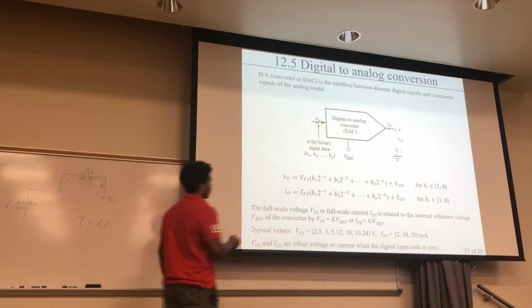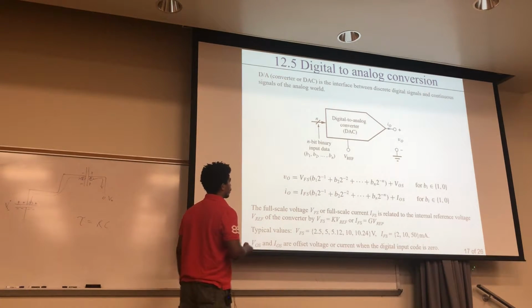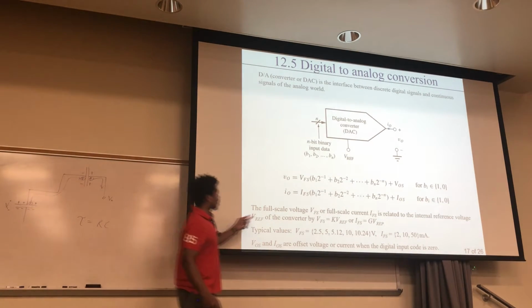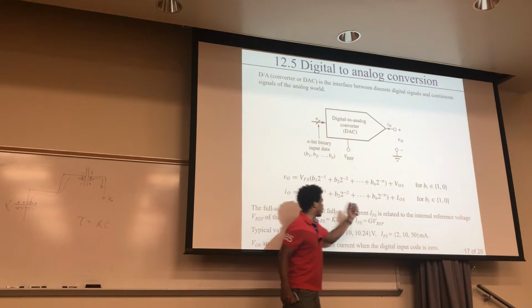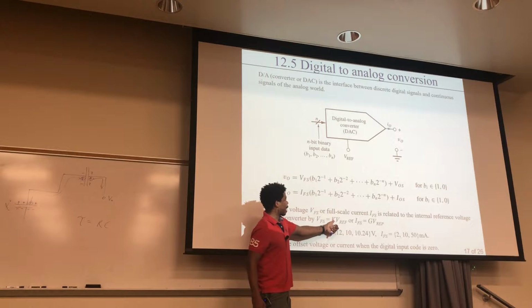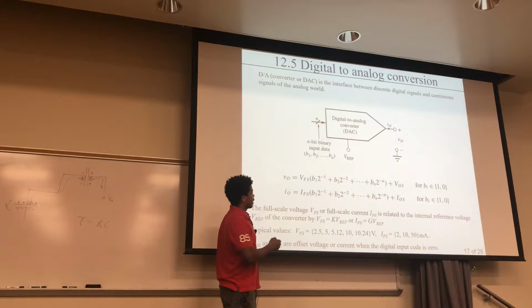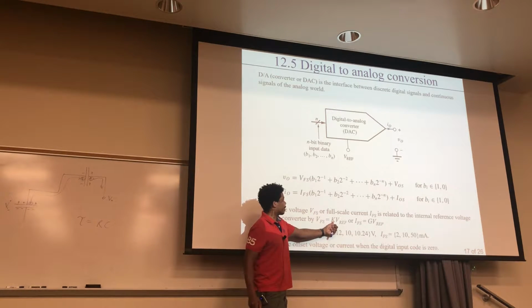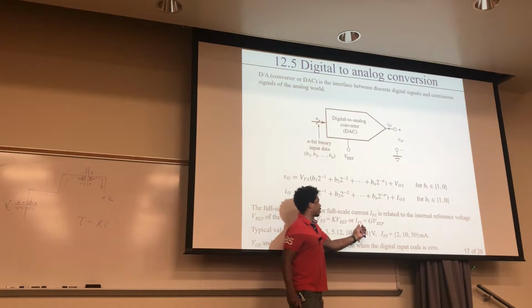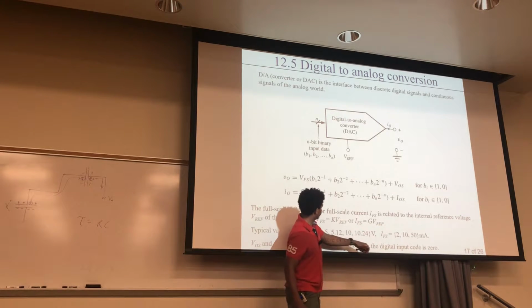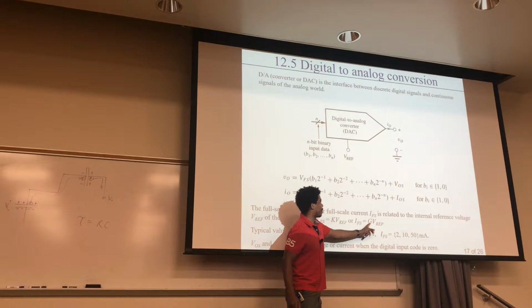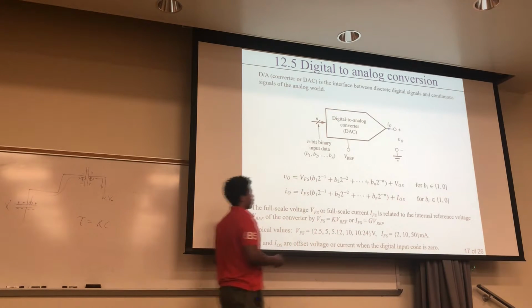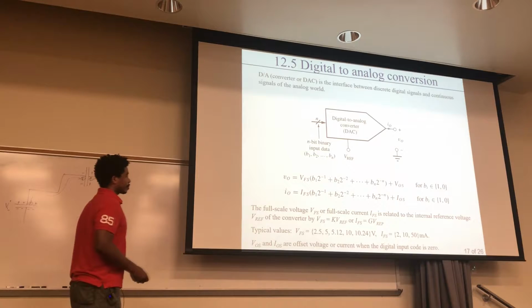Same thing with the current. Here's your full scale current right here. And these full scale values, for the full scale voltage and full scale current, are multiplied by some value, for example K. Whatever your voltage reference is, it could be amplified by some value K. Wherever your reference current is, that V reference is going to be multiplied by some factor G to get your full scale current.